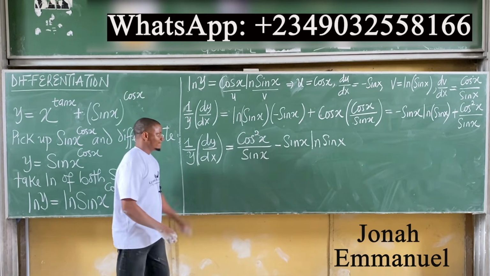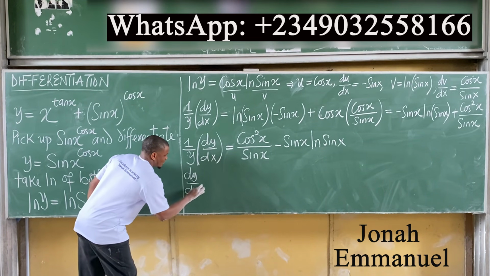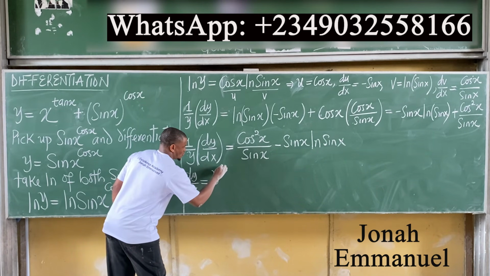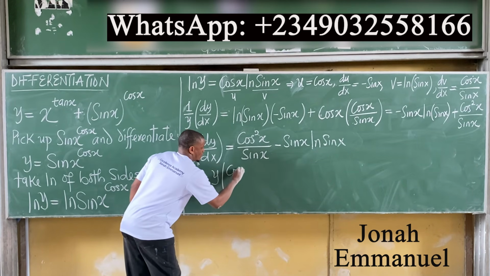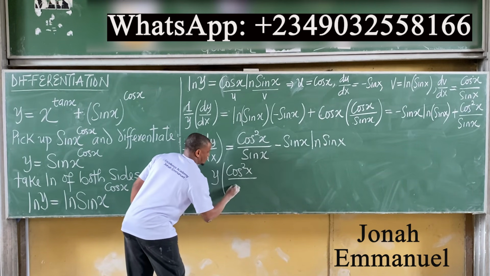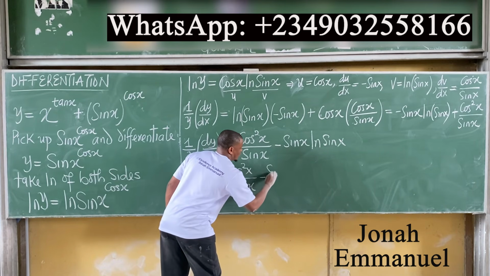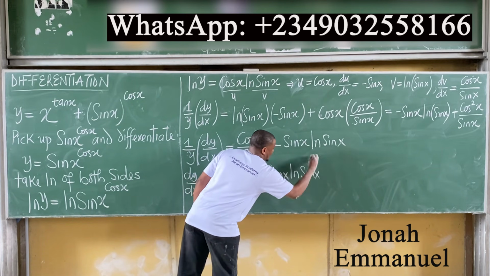So I'll have that dy dx is equal to, move y over here, y into everything there. So y multiplies everything here: cos squared x all over sin x minus sin x ln sin x.